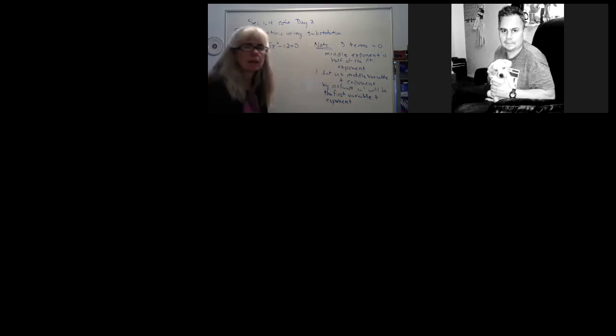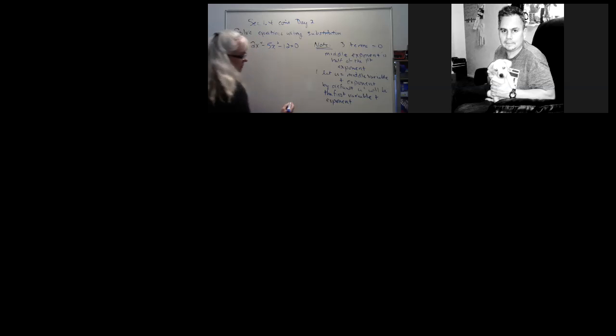And that's always going to happen. These are what I call canned problems, so no matter what, they fit this template. So again, u is going to be the middle variable, whatever's in the middle of it, and its exponent. And then by default, u squared is going to be the first variable and its exponent. So what we're trying to do is take something that's ugly and make it into something that is easier to deal with.